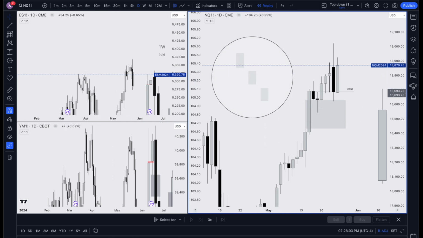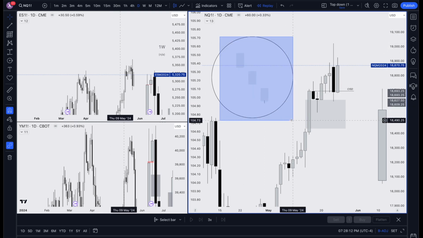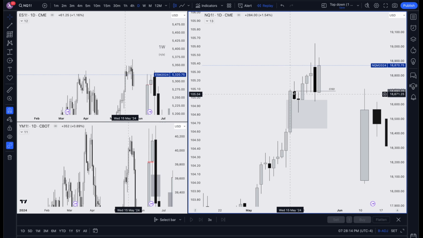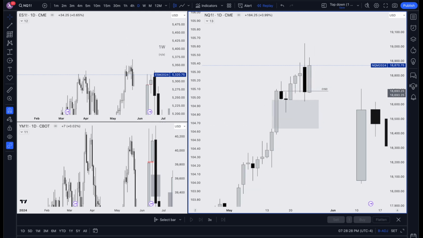I don't want to see large wicks. I'd prefer small wicks and large bodies. The large bodies of those down close candles give me an indication that the move lower was the accumulation of longs, the inducement of shorts, and the institutional body of reaccumulation. This wick in here is just a lower time frame body.